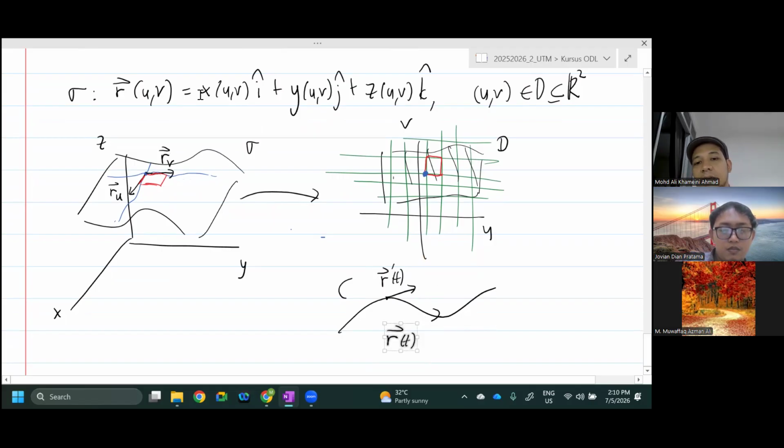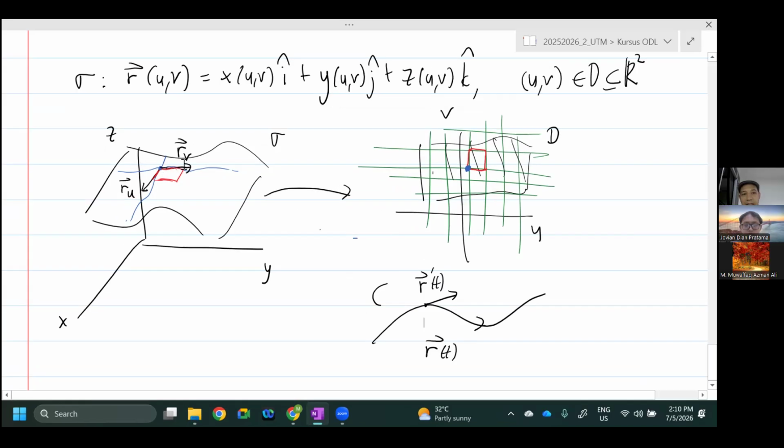Similar here, only here you have two variables. So for variable v, you have the direction of v there, and for variable u, the direction of u there.